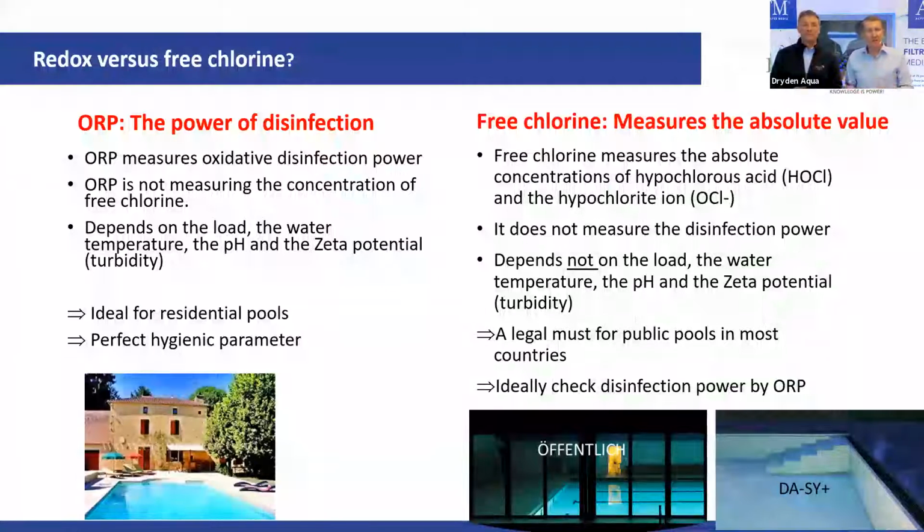It also, as we just explained, depends on the load, the water temperature, and so on, which makes this really great for residential pools. On the other side, we have free chlorine, which is always an absolute measure. It's an absolute concentration. And it does not automatically measure the disinfection power of the water.